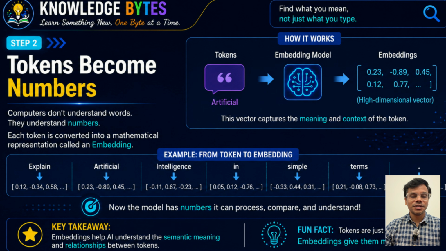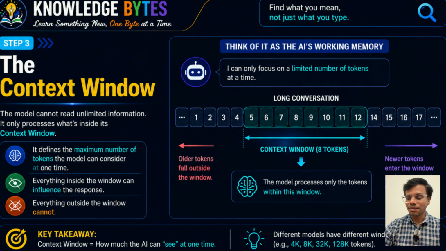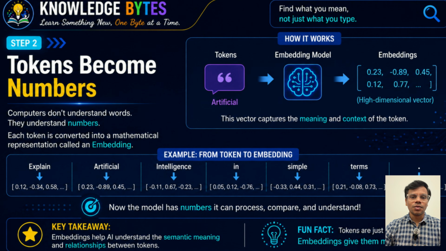Remember our embedding episode? Embeddings capture the meaning of a word. For example, words like doctor, hospital, and nurse end up close together because they are related. This allows the model to understand context and relationships rather than just matching text. So at this point, your prompt has become something the model can understand mathematically.